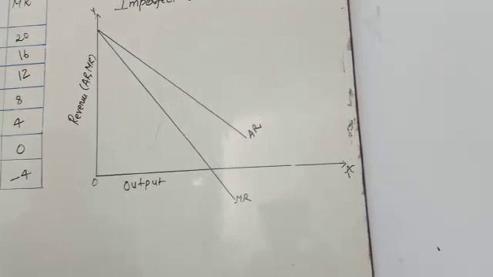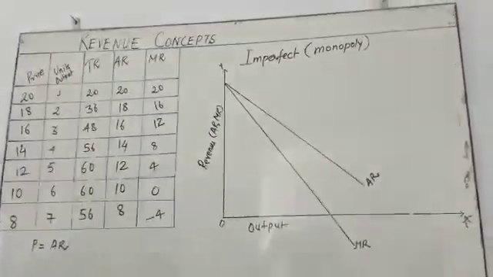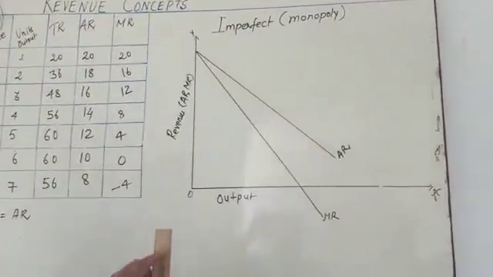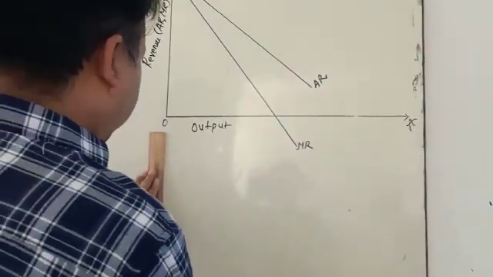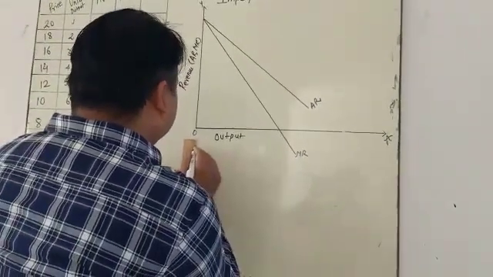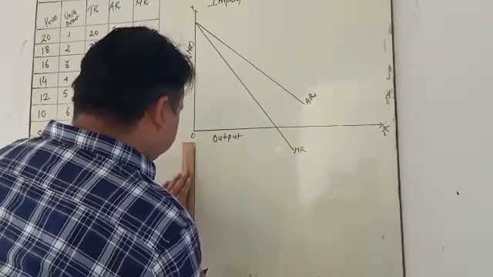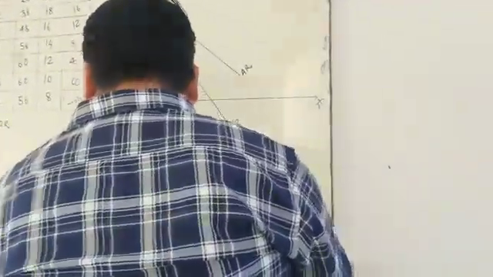Now I am going to draw the total revenue curve. My dear student, in the total revenue curve you observe some behaviors. Let's see what the behavior is.